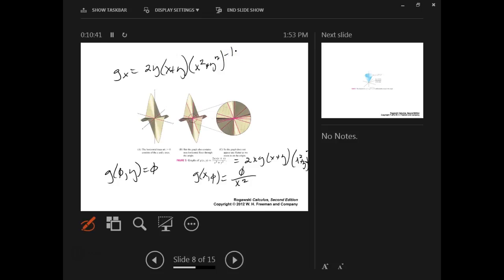The derivative of the first times the other two, plus the first, which is 2xy, times the derivative of the middle one, which would just be 1, times x squared plus y squared to the minus 1, plus 2xy times x plus y times, and this will be a minus, x squared plus y squared to the minus 2 times another 2x, so that would be 4x squared.